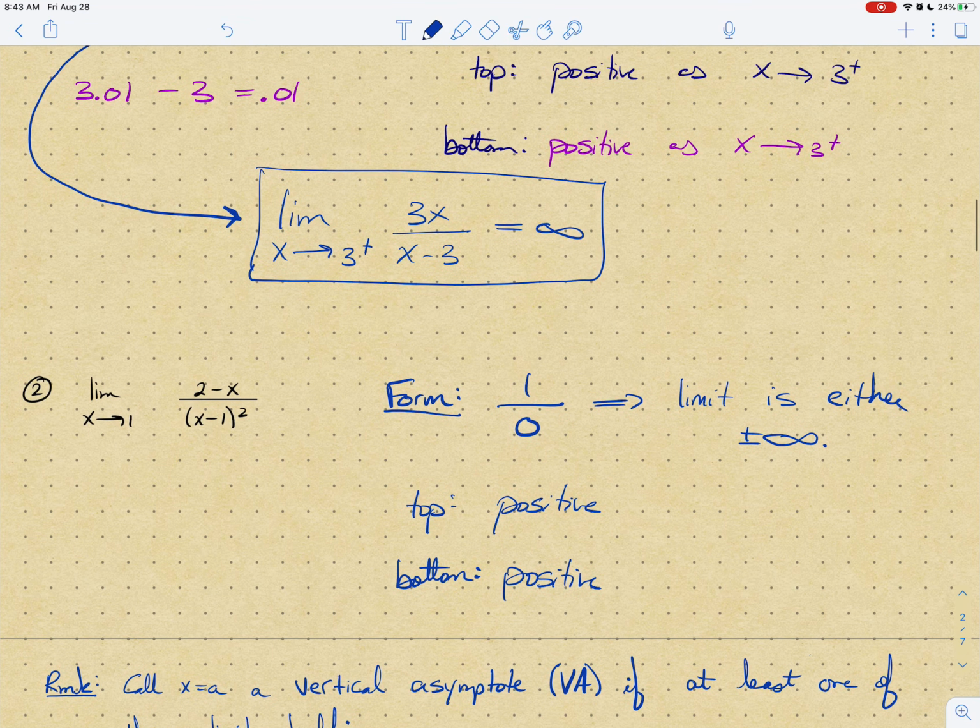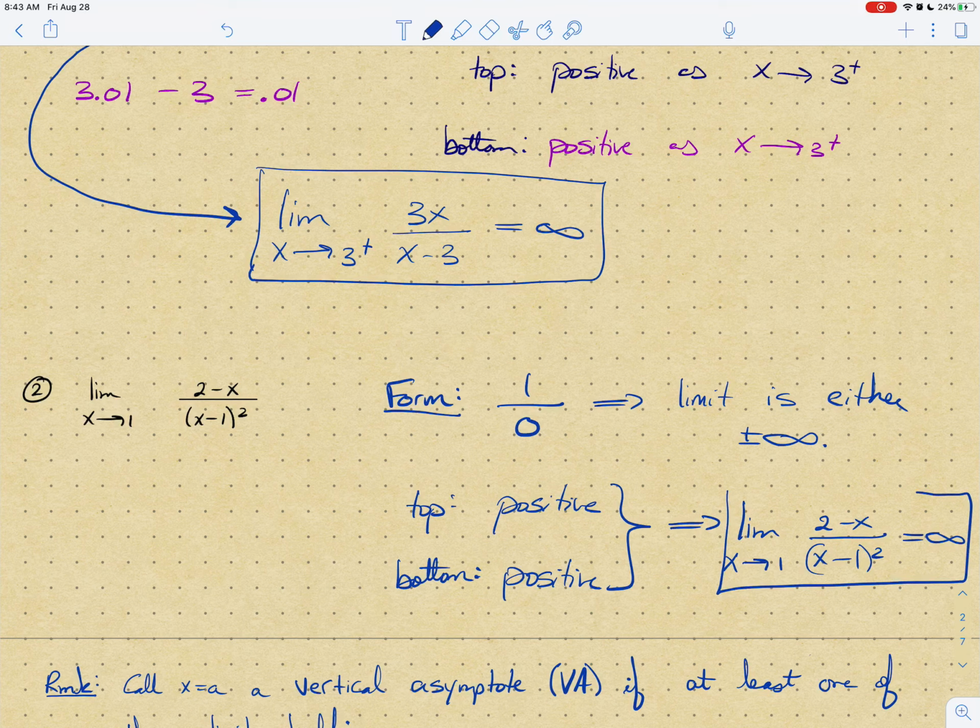And so now I can conclude that, so let's say it like this. Thus the limit as x goes to 1 of 2 minus x over x minus 1 squared equals infinity.